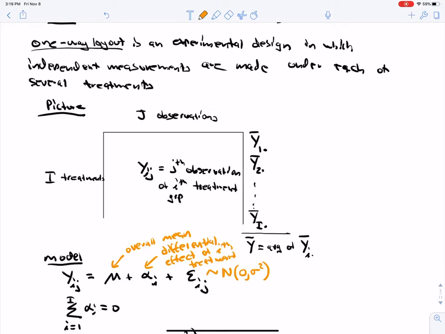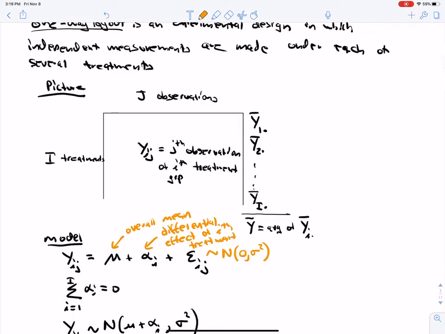And for each treatment group we have a row sum, or a treatment sum, and our treatment average, and we also can compute the total average, which is the average of the treatment averages.